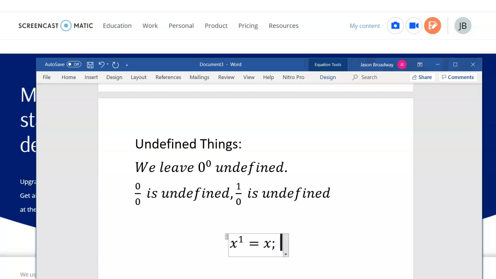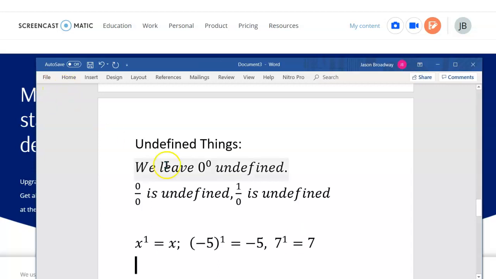So for example, parentheses negative 5 to the 1 equals negative 5. 7 to the 1 equals 7. And let me do a fraction.